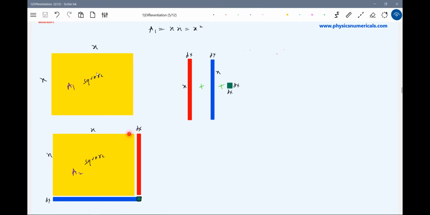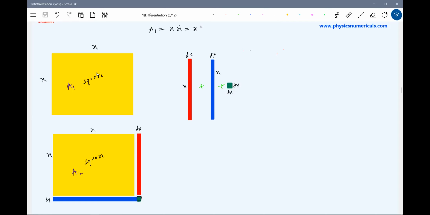So let me increase this length by infinitesimal change dx. Let me increase the breadth by infinitesimal change dx. Getting now. So what is the area of this strip? x into dx. What is the area of this strip? x into dx. And you see this also will come, some common nugget you can call, or the common infinitesimal elemental area dx into dx here.